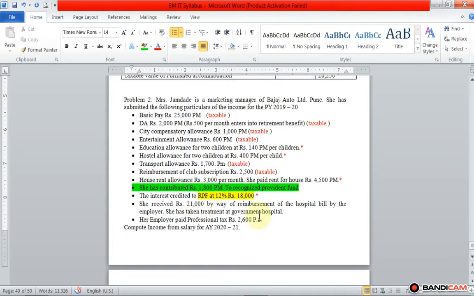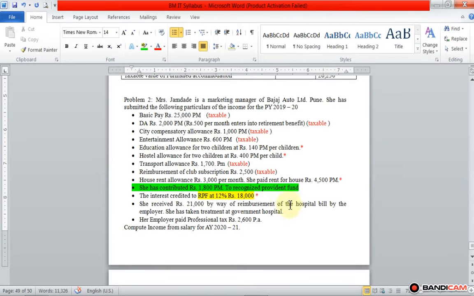So here, if the SAC gets treatment from a government hospital and the employer reimburses the medical bill, then the whole amount is exempted. All of the medical bill is tax free because the SAC took treatment in a government hospital.